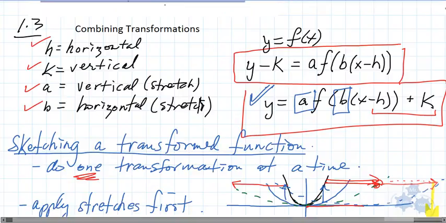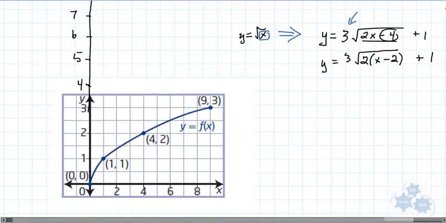So we have to go back to right up here. Remember, this is what I said, you got to be aware that we have this situation. The brackets have to be there, so that b is factored out of this number here as well. That was a bit of a tricky one. So we have a vertical stretch, we have a horizontal compression by a factor of 1 over 2.